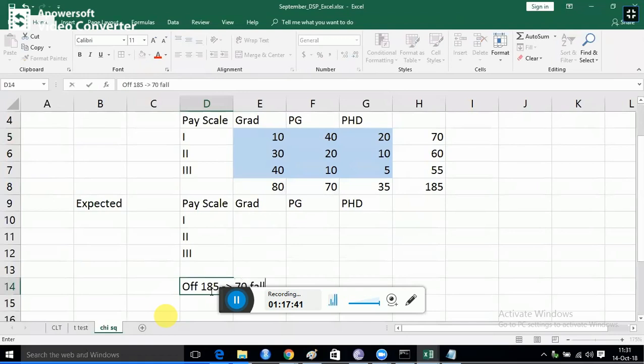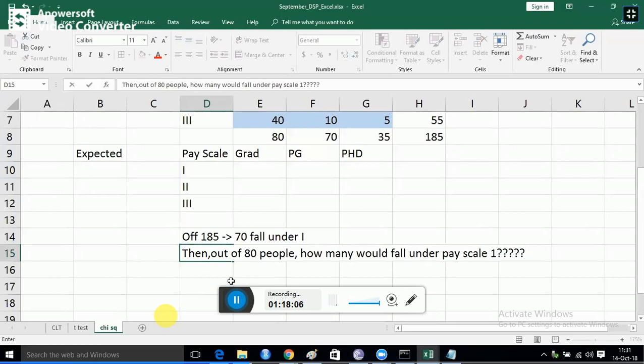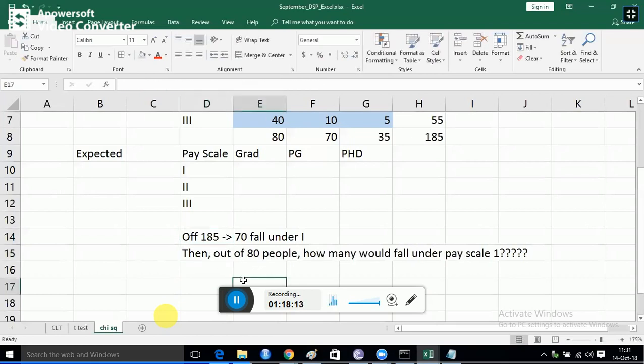Yes or no? Then out of 80 people, how many would fall under pay scale 1? That's my question. If out of 185, 70 people fall under pay scale 1, then out of 80 people, how many would fall under pay scale 1?